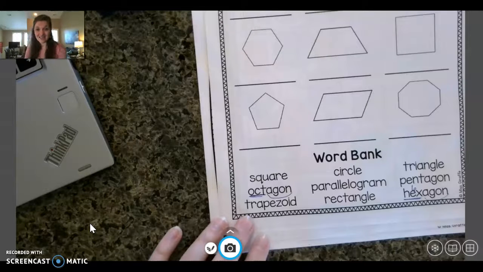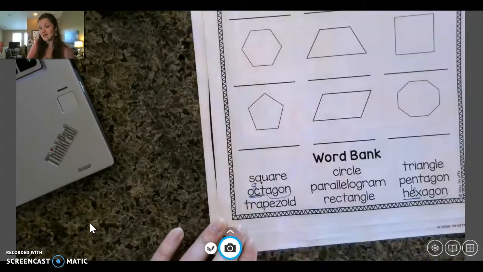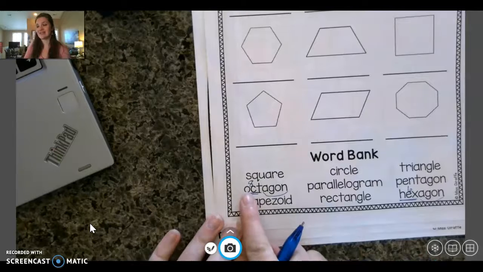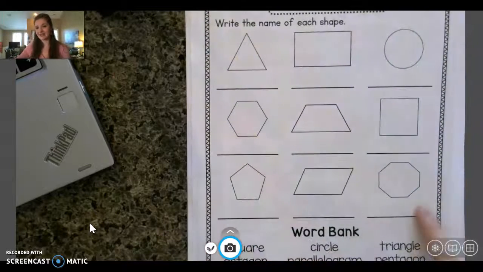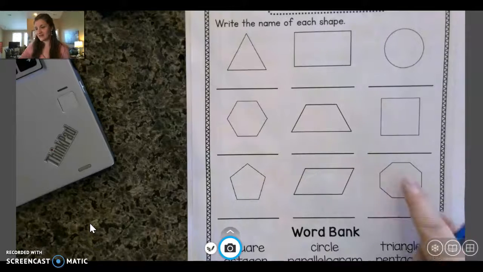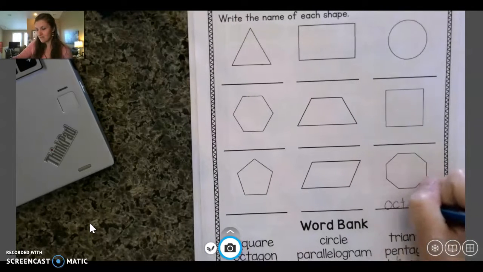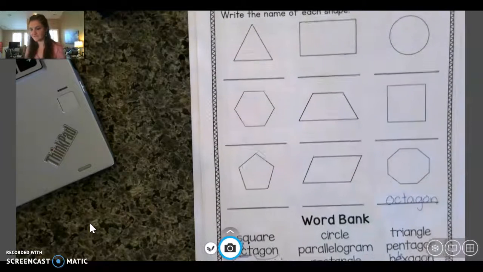It has 8. Oct is a prefix, which means 8. Okay, so octagon has 8 sides. Can you see a shape up here which has 8 sides? Okay, it's over here. So this is the octagon because it has 8 sides.